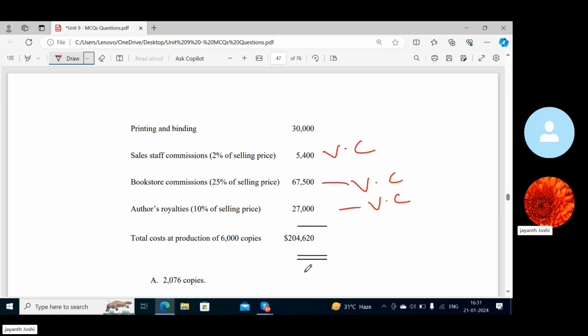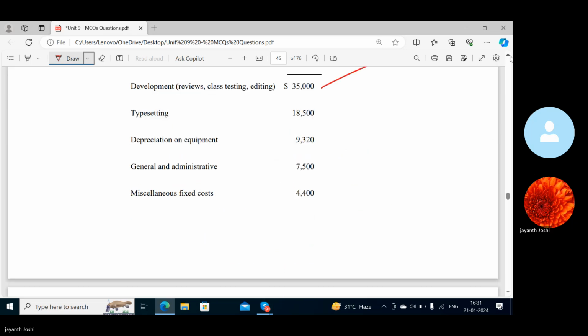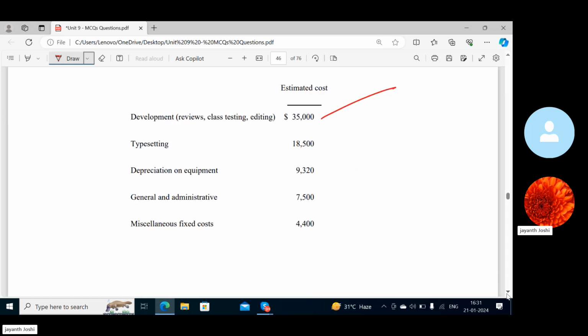So first and foremost, they have said the total cost of production for these copies is this. Just add the fixed costs and the variable costs and see what the total cost is.